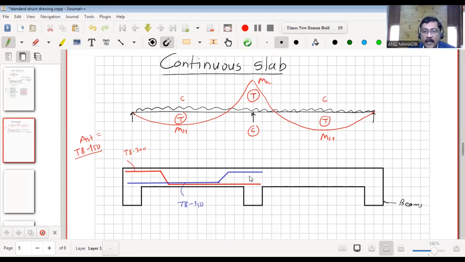Now as there is a continuity here, we need to extend this bar. So this will not stop here like simply supported, but it will go beyond into the other slab also. Okay, so this will be, let's say, continuation. Now for the other side of the slab also, the same is the case. So we will have a bent up system like this. And then we also have this beam.